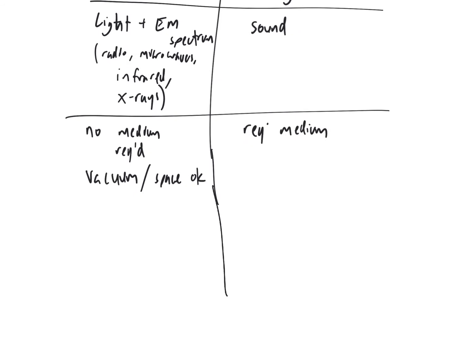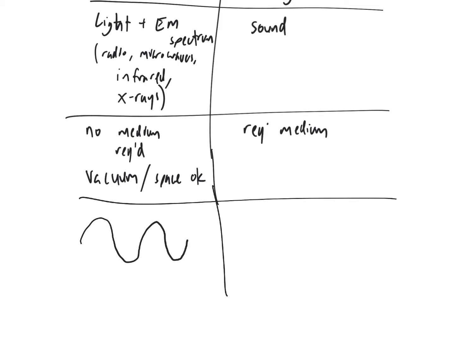The reason for that is transverse waves are up and down ones, like that. Longitudinal waves are the ones that are compressing and expanding.